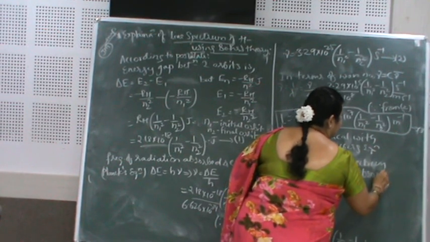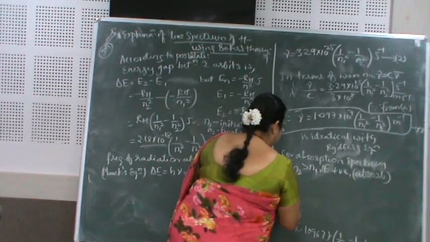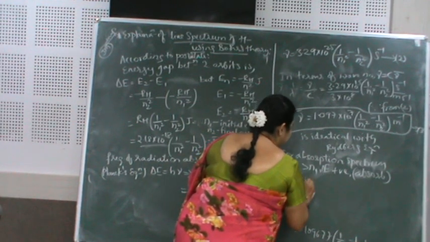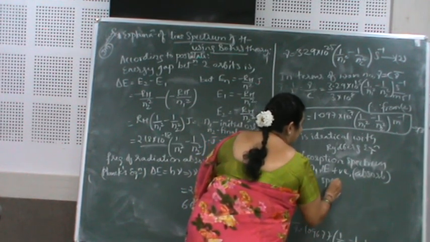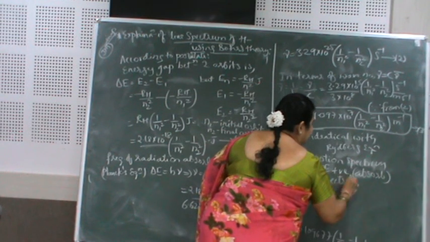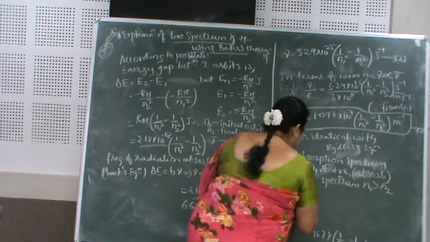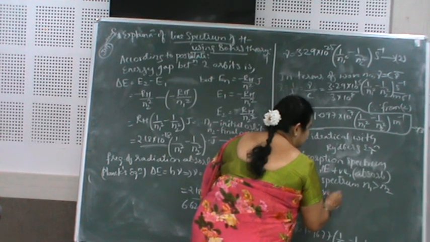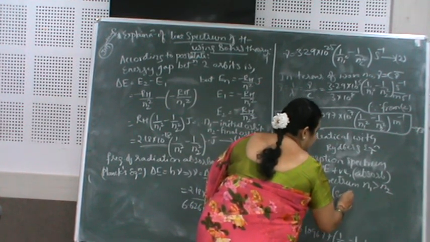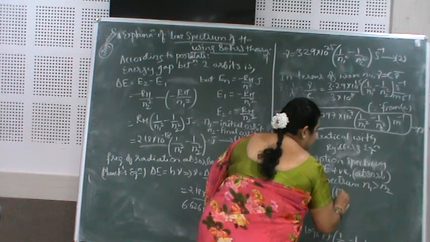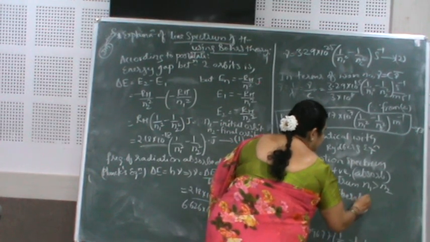And for the emission spectrum, n1 is greater than n2, and ΔE is negative: energy is emitted, liberated in the form of radiation.